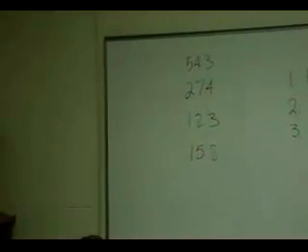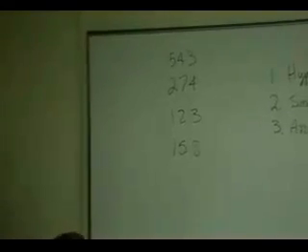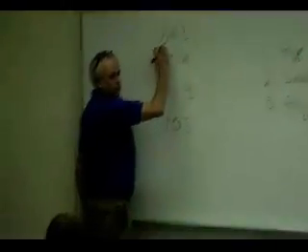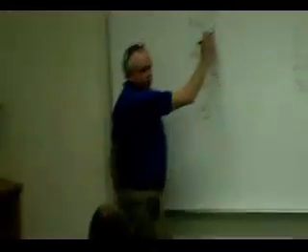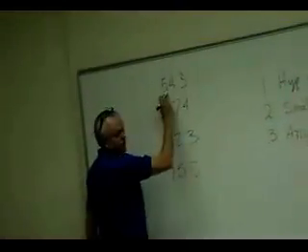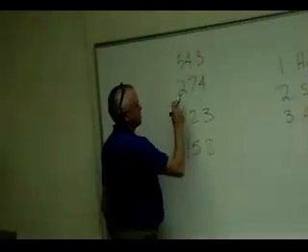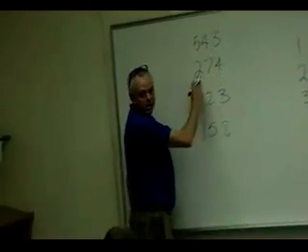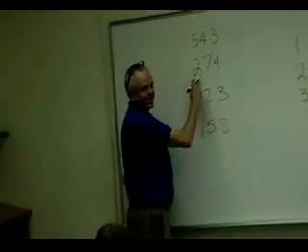Which of them can be triangles? 5 is, well, 4 plus 3, that's bigger than 5. 5 and 4 is bigger than 3, right? And 3 and 5 is bigger than 4, so that works. 2, 7, 4. No, because 2 and 4 makes 6, and 6 isn't bigger than 7, so that can't be.